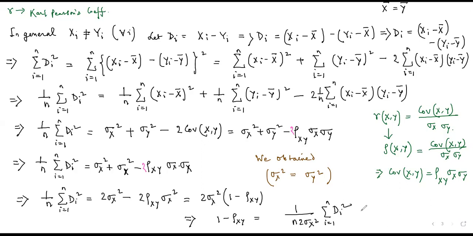Okay, and you can keep rho xy on the left hand side, and take the other quantities on the right hand side. I do not have space over here, so I'm writing in the next page.